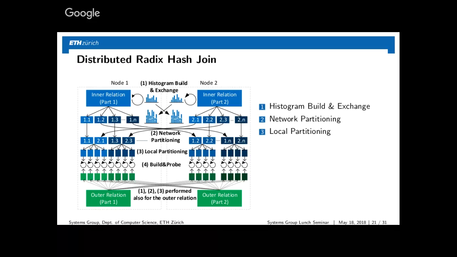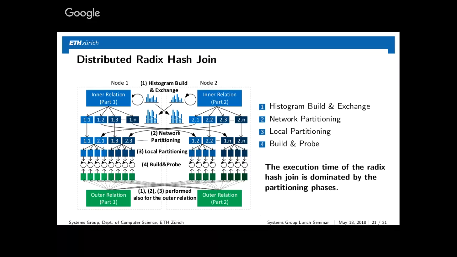Of course, we also do these 3 phases for the outer relation, and then in the fourth phase, we have partitions for the outer and the inner relation, and ideally they fit into the L1 cache, and then we can do the build and probe very efficiently. Generally, the partitioning is a dominating or a large part of the execution time in the hash join, which also makes sense because the partitioning makes sure that the build and probe becomes very fast.